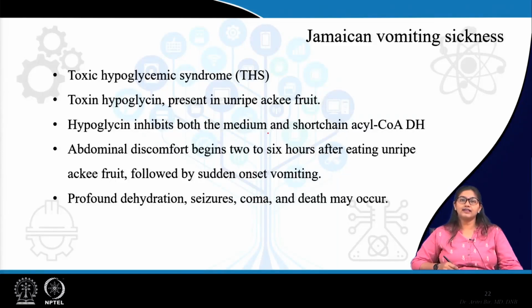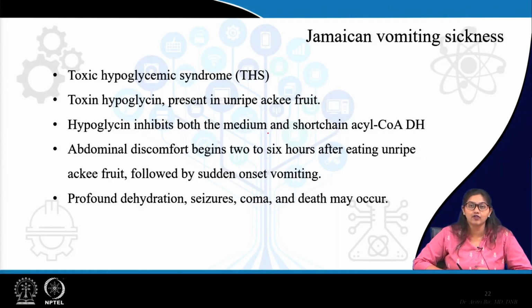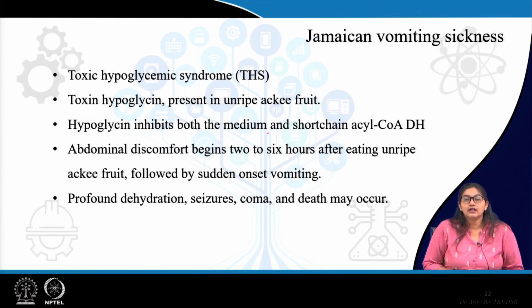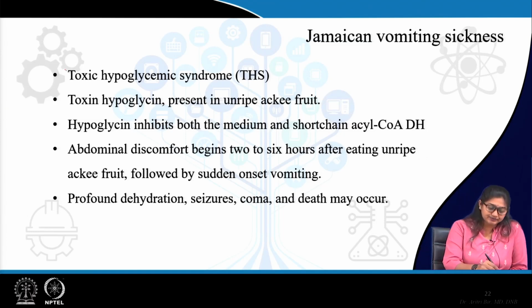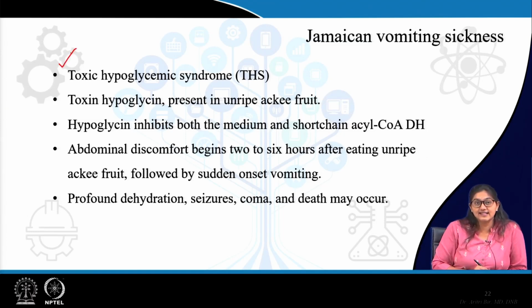Now, apart from that, there is another disease, Jamaican vomiting sickness, which is very interesting with respect to beta oxidation defect. Now, this disease is also known as toxic hypoglycemic syndrome. What happens is the manifestation is due to ingestion of unripe ackee fruit.